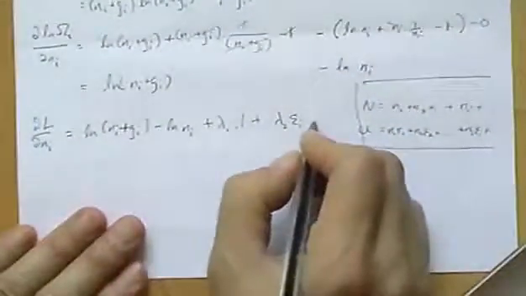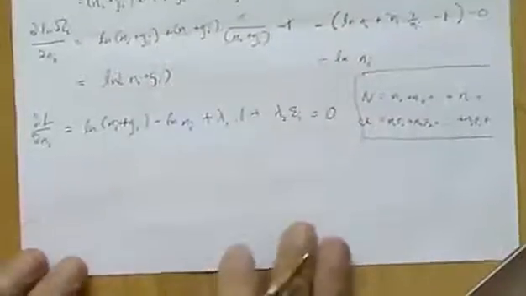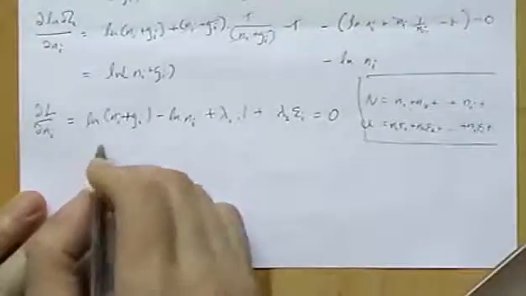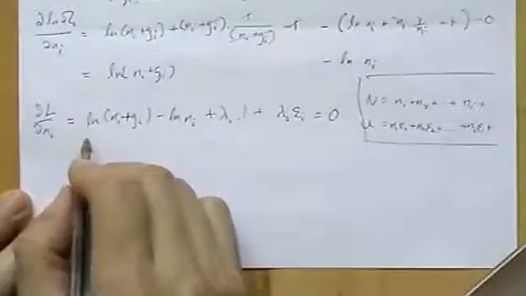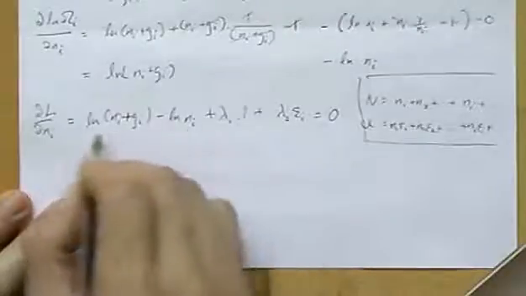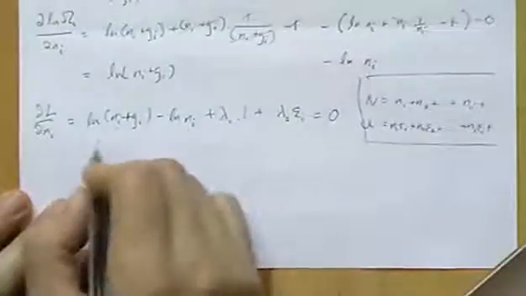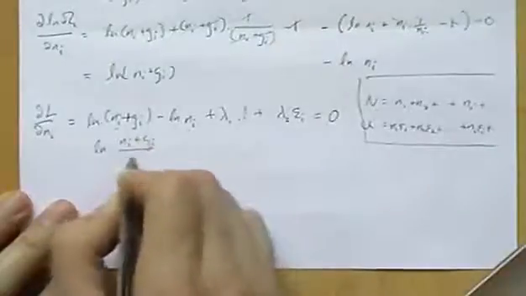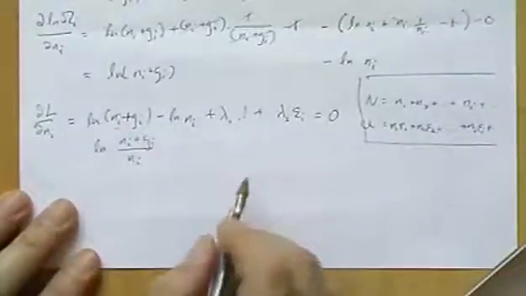Now what remains is to say that at the maximum this should be 0, and we can solve for ni. So let's simplify this. I'm going to try and combine those two. Now what we want is to solve for ni. If I combine this, ni plus gi over ni, that's those two.